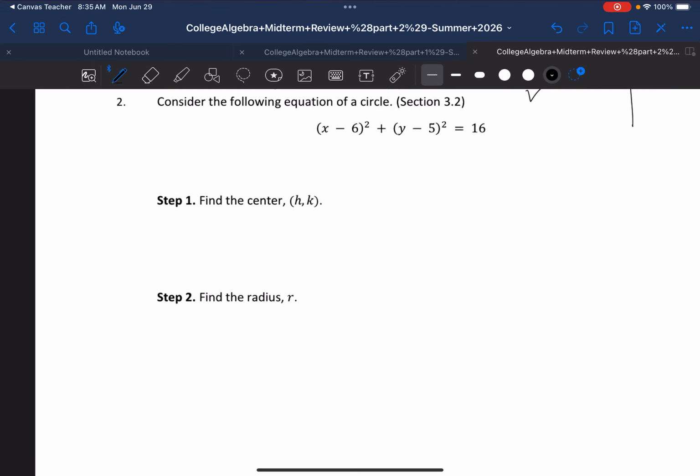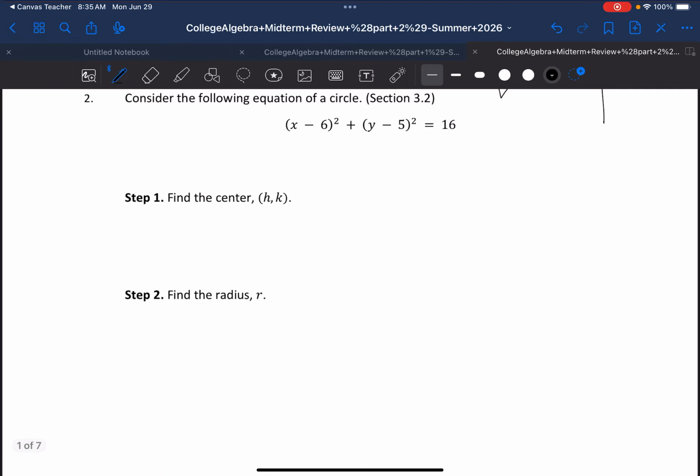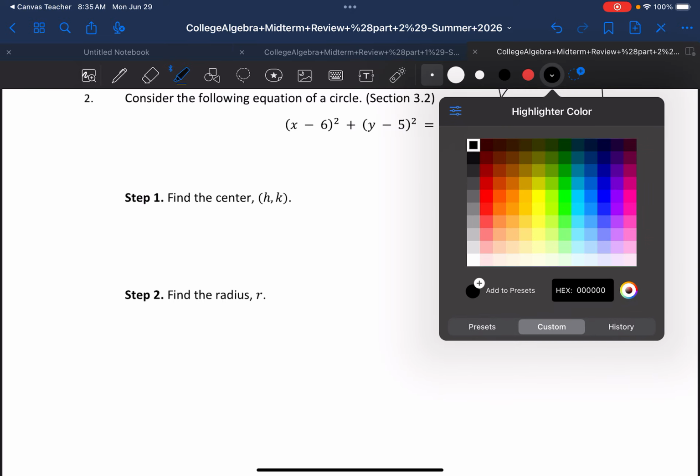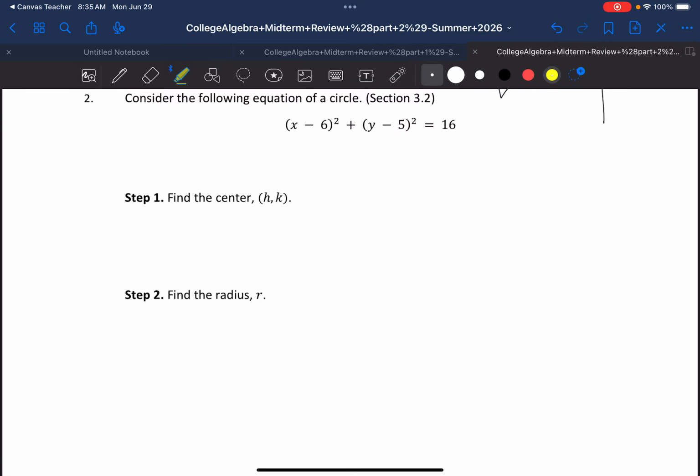All right, number 2. Consider the following equation of a circle. So we are moving into section 3.2 here.